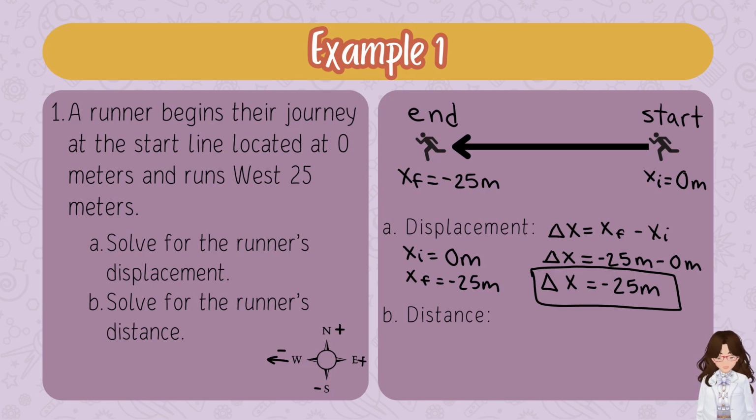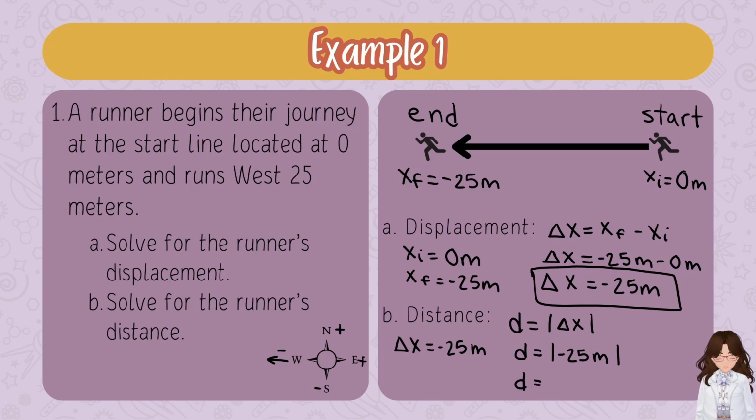Now remember our equation for distance, we could write it as the absolute value of our displacement. So I'm going to take that number and plug it in. I know that my displacement is negative 25 meters. When I plug it into my equation, we're going to see that the absolute value of any number is going to output a positive result.